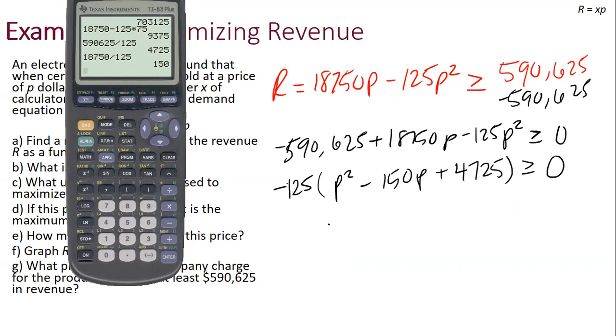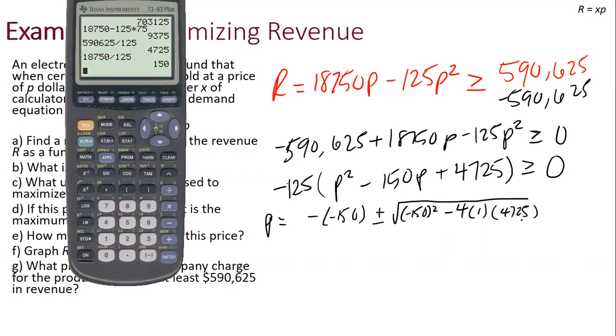I'm not going to pretend that I do either, okay? So we have P equals negative B plus or minus the square root of B squared minus 4AC divided by 2A. Quadratic formula at its finest.